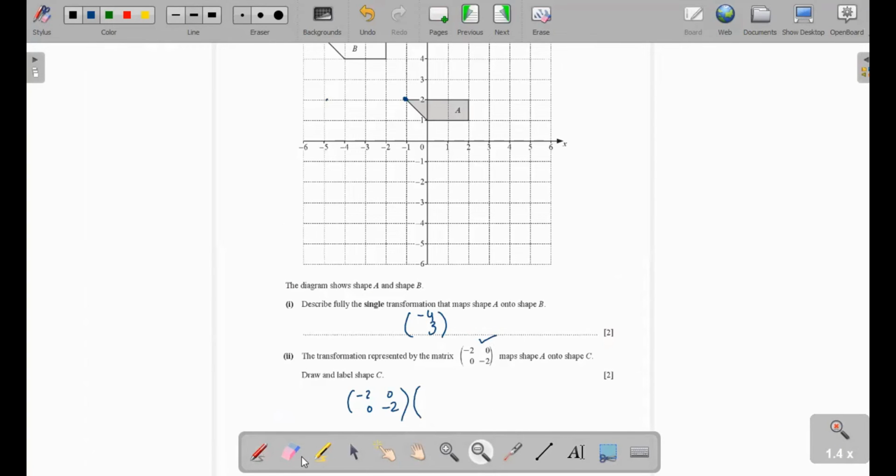Here we see the points. First we take this point 0, 1. The second point is minus 1, 2. These are the objective matrix points: 0, 1, minus 1, 2.